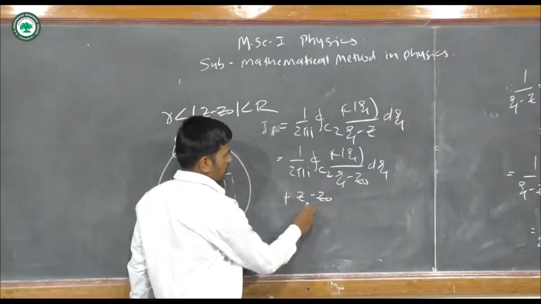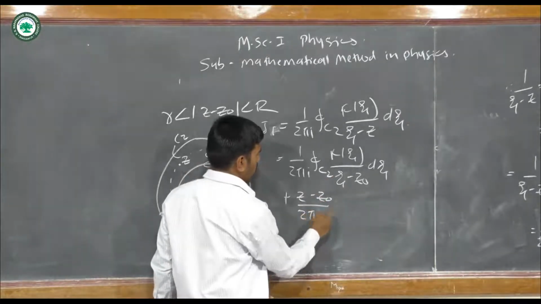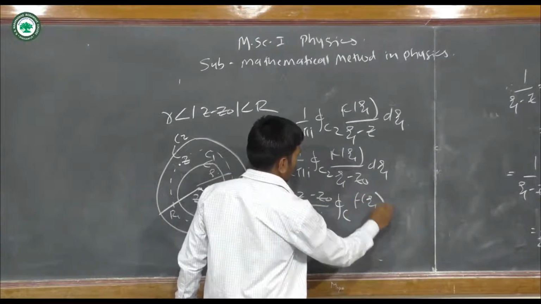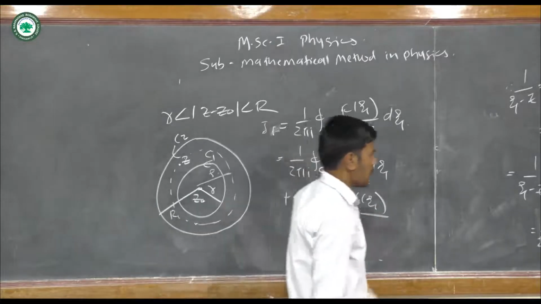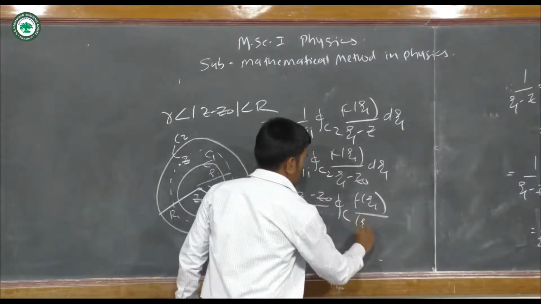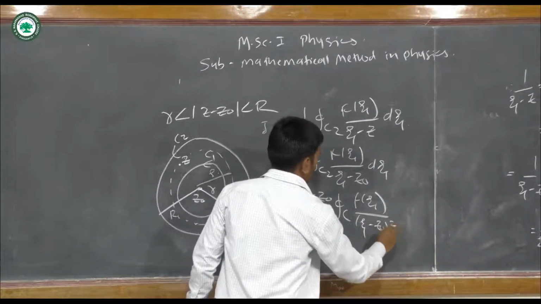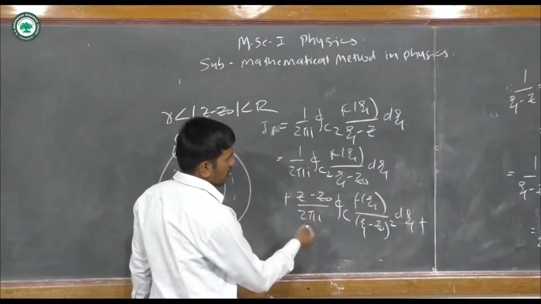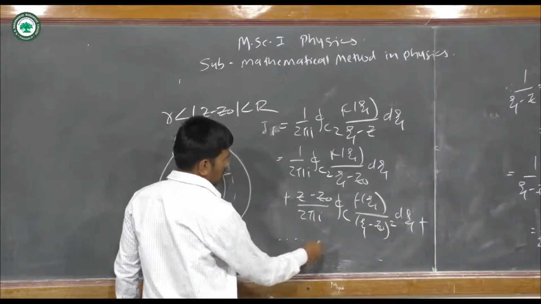So z minus z naught divided by 2 pi i, closed integral over C2, and this f of psi divided by these things, that is psi minus z naught, bracket square, okay. Psi minus z naught bracket square, this plus third term, that is, we can write up to the n.